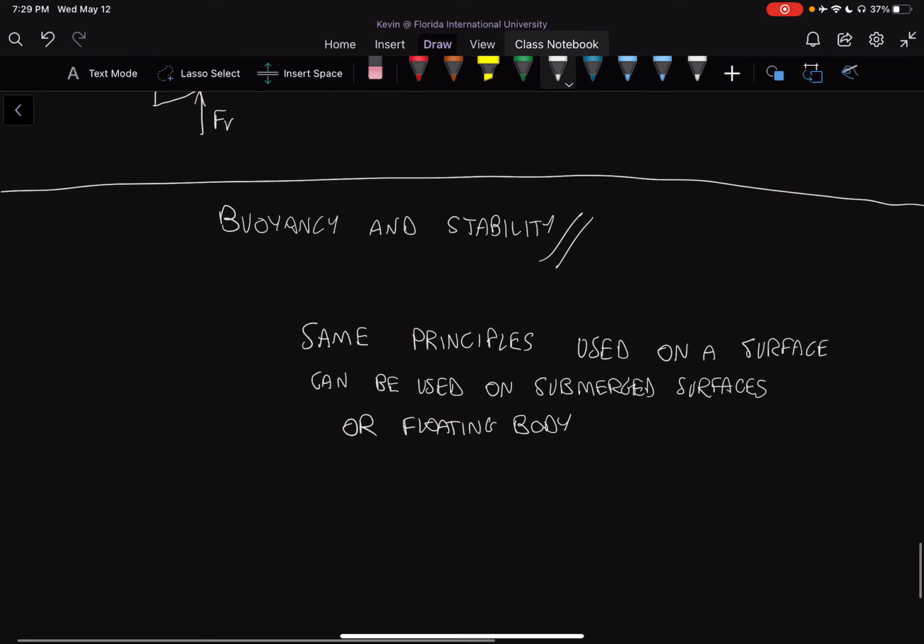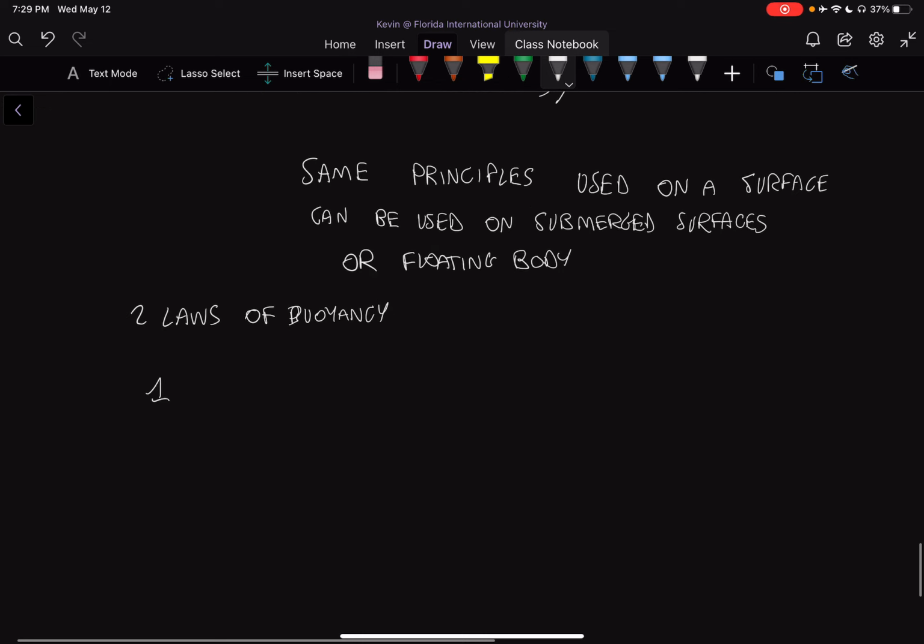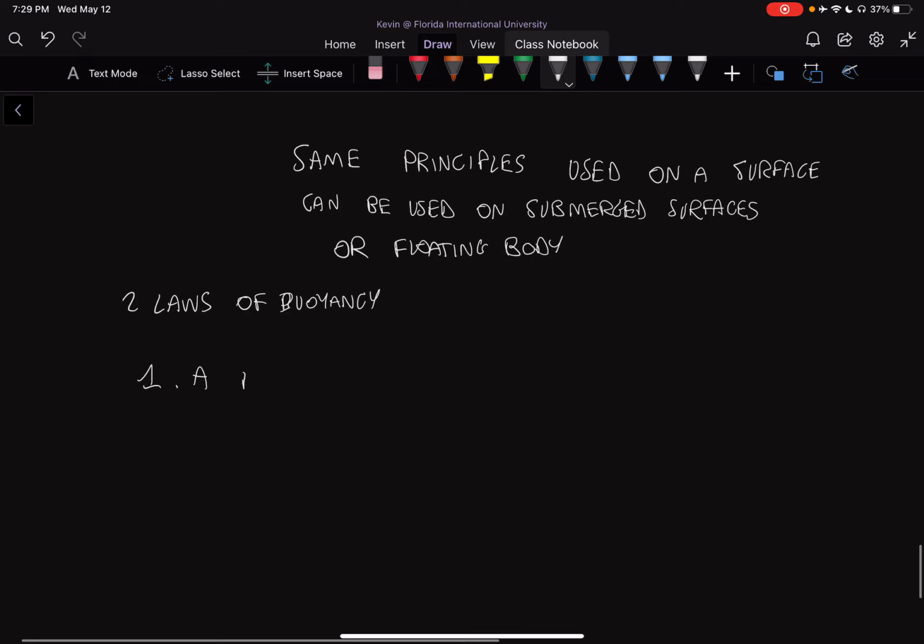And for this, we're going to have two different laws that were created, and those are the laws of buoyancy. So the laws of buoyancy state that, one, a body of fluid experiences a vertical buoyant force equal to the weight of the fluid it displaces.